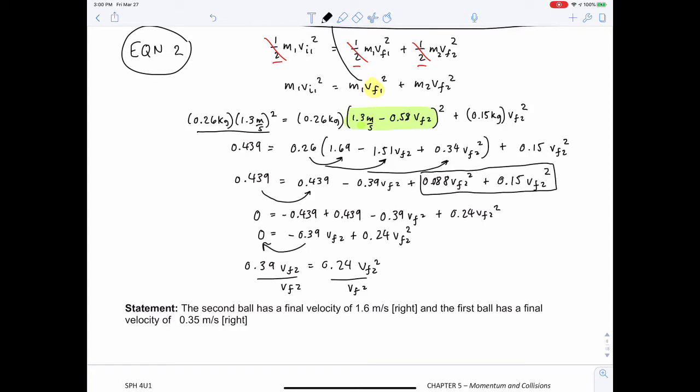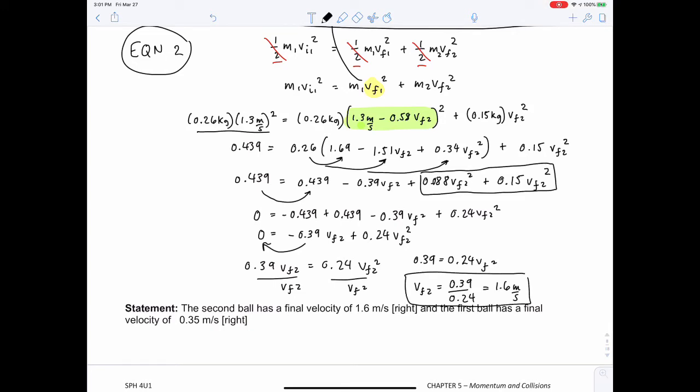So we are left with 0.39 equals 0.24 VF2. So we can solve for VF2. It's equal to 0.39 divided by 0.24. If you punch this into your calculator, you'll end up with a value of 1.6 meters per second.